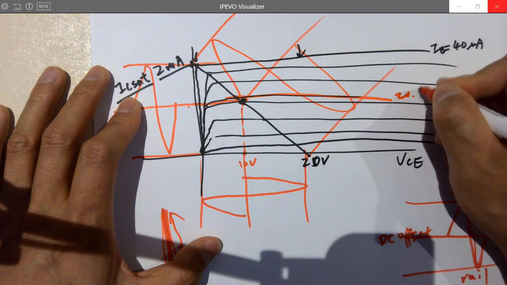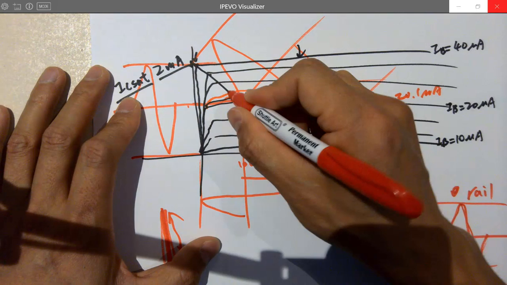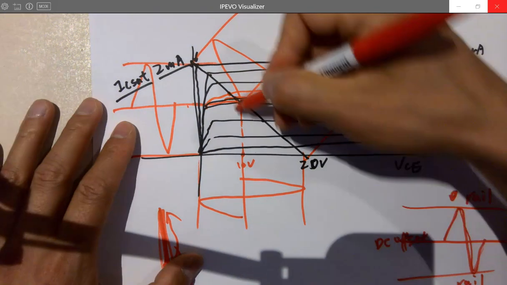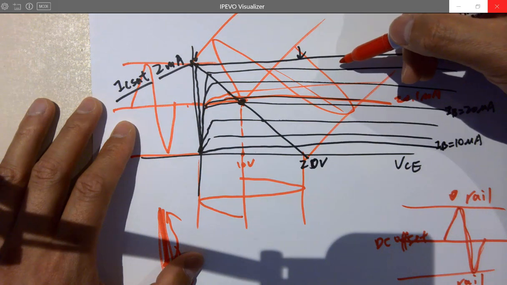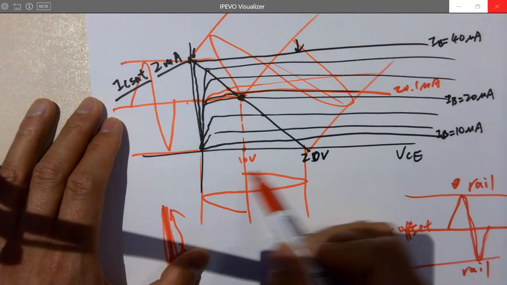This is 20.1 microamps, right? So what about the next line? Like 20.2, 20.3, doesn't matter. It's just translating that IB into IC and VC swing.